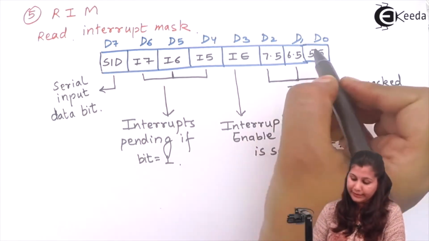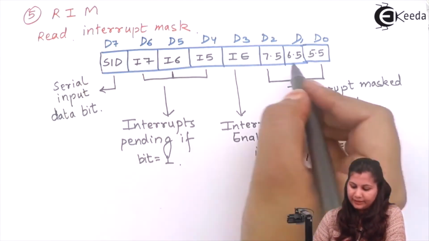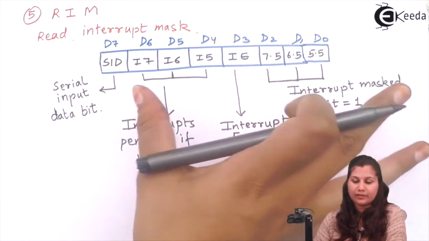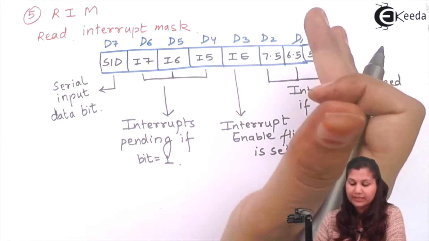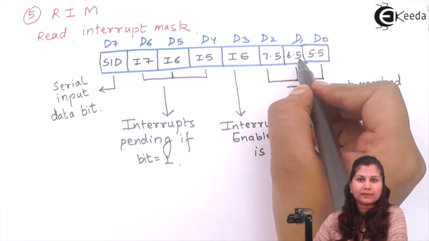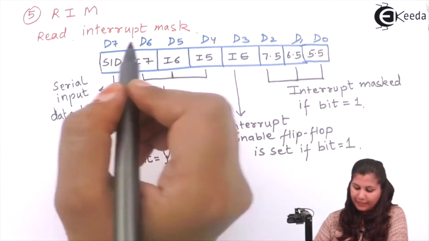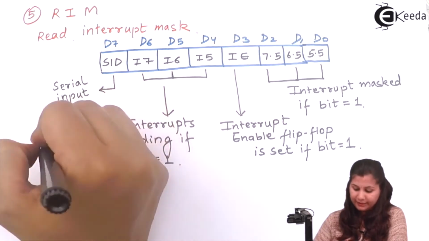So the 8 bits of this instruction RIM define the various interrupts. It is used to read the status of the 3 interrupts, RST 7.5, 6.5 and 5.5, and it also defines the serial input data bit.